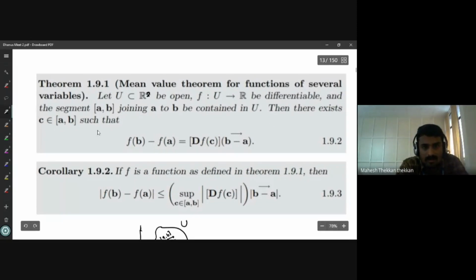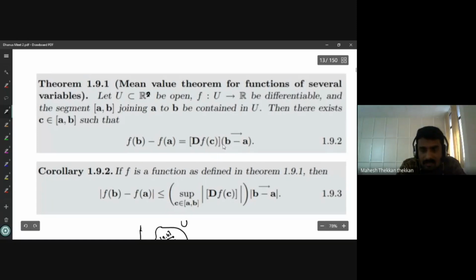So that is why this notation. Here f of b is also a scalar, f of a is also a real number. So f of b minus f of a I can take. df of c is a vector, and b minus a is again a vector.